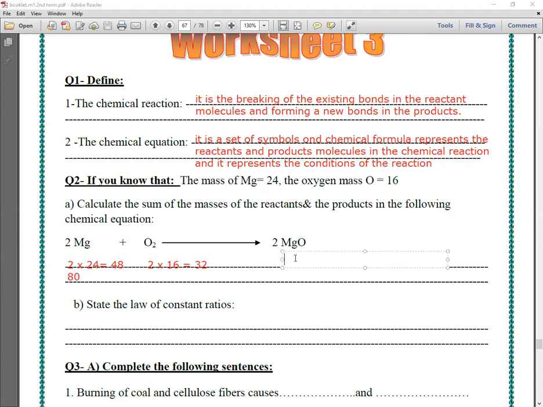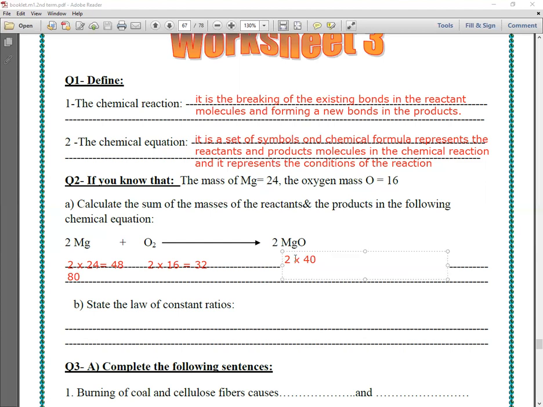And the mass of the products: 2 times MgO, Mg 24 plus 16, so it equals 40.